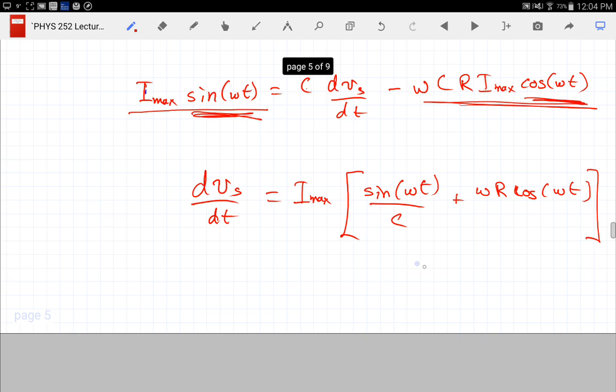Okay, so now we can integrate that up, and the voltage for the source would be equal to I max times the integral of sine omega t. The derivative of sine is positive, so the integral is negative.